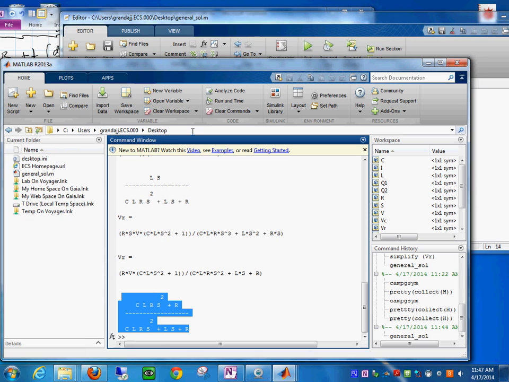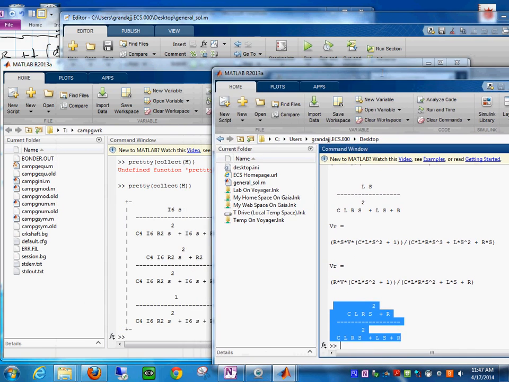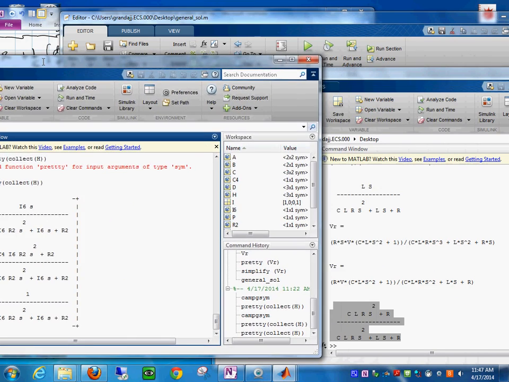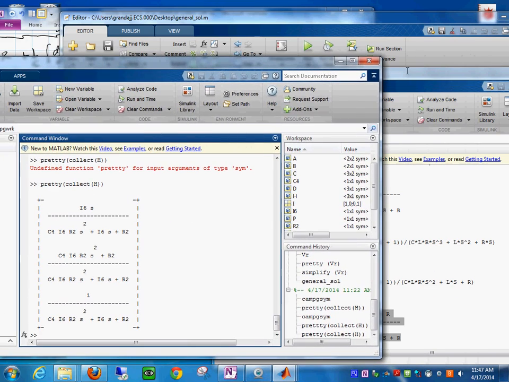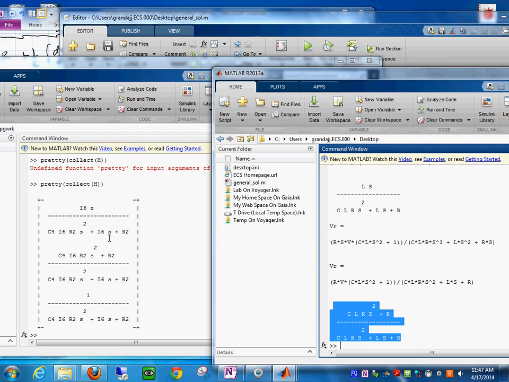We have it right there, next door to each other. This one is this transfer function, with L as I, C as C, R as R. And the second one is the highlighted one, C R L S squared plus R sub 2, and the denominator is the same.